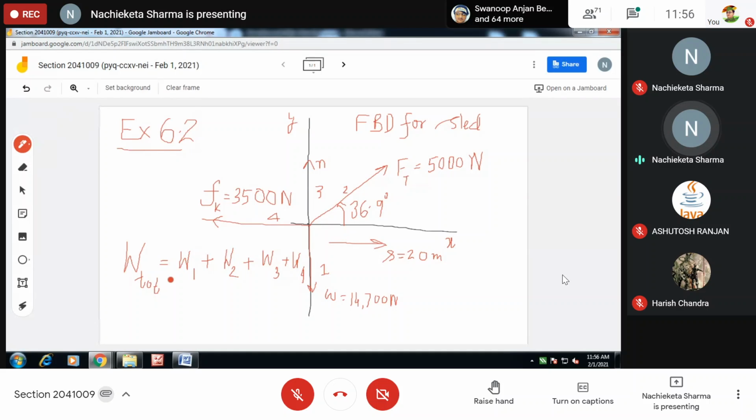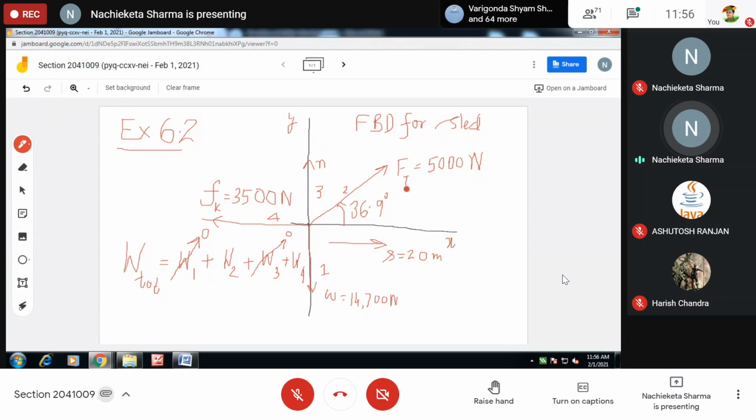So the work done by the weight will be 0. I have told you earlier. Now, what is the work done by the normal force? Again, the angle between the normal force and the displacement is 90 degrees. So W3 is also 0, no contribution.